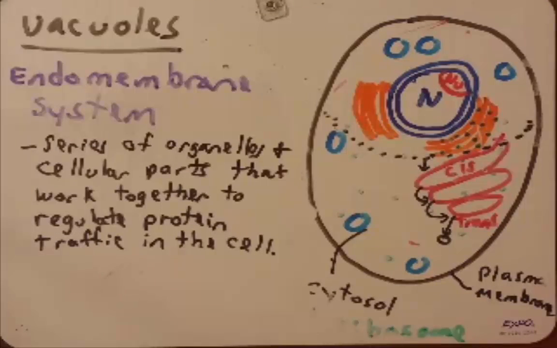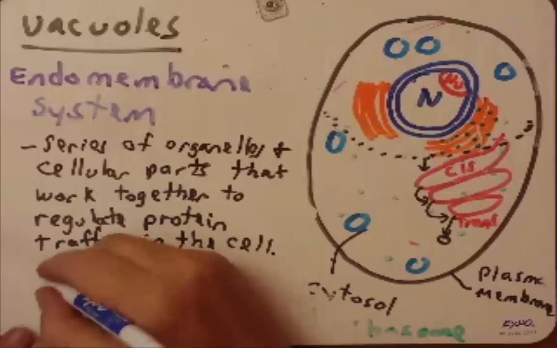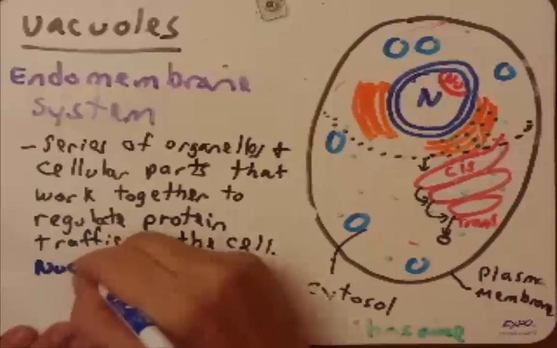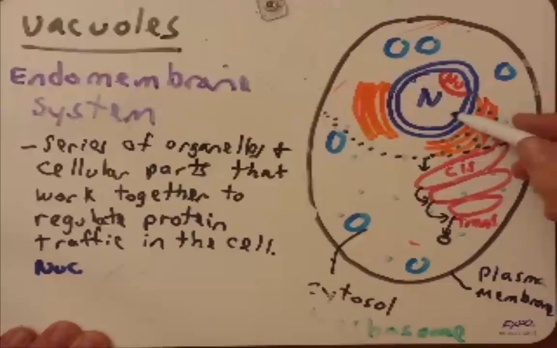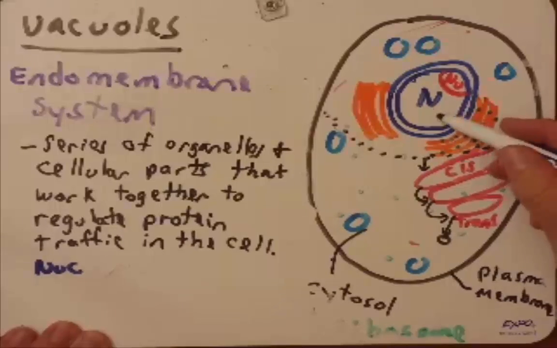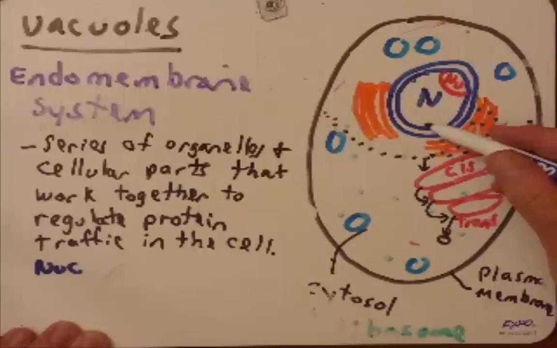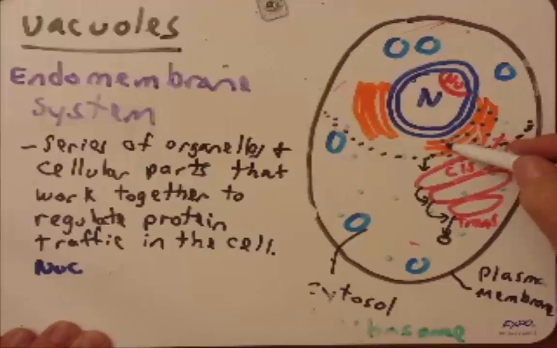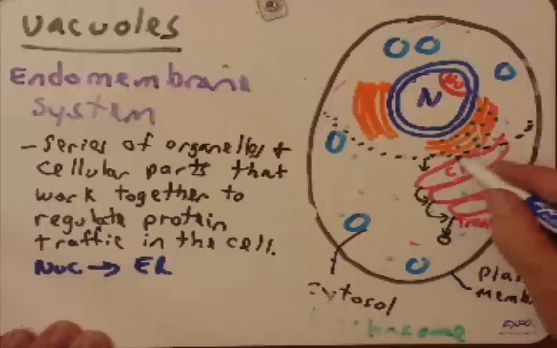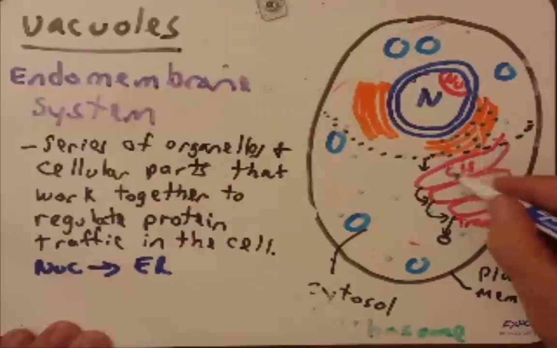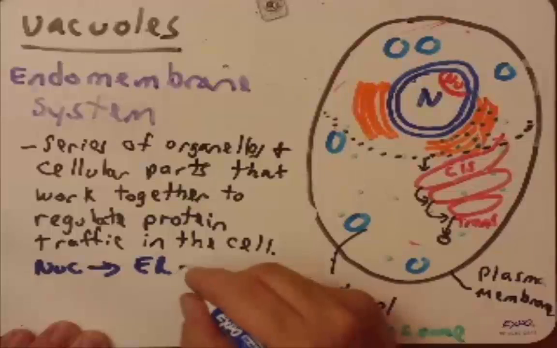So for instance, everything, or at least most of the things that we've drawn to this point, would fall into this category. So for instance, the nucleus is where protein traffic starts, right here. It will make a messenger RNA that we'll talk about later, and then it'll insert into the rough ER. It will then pass this protein from the ER to the Golgi.